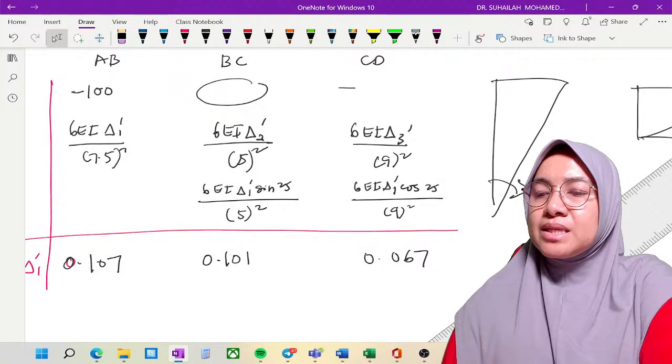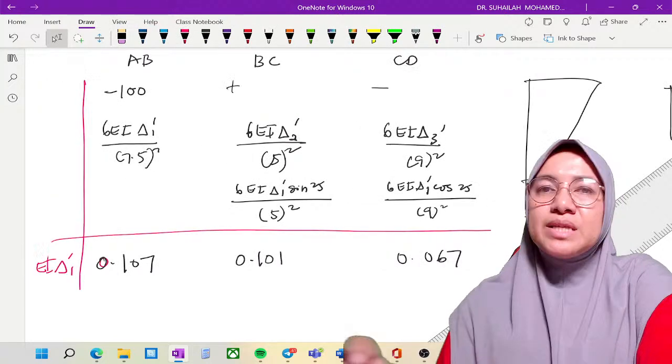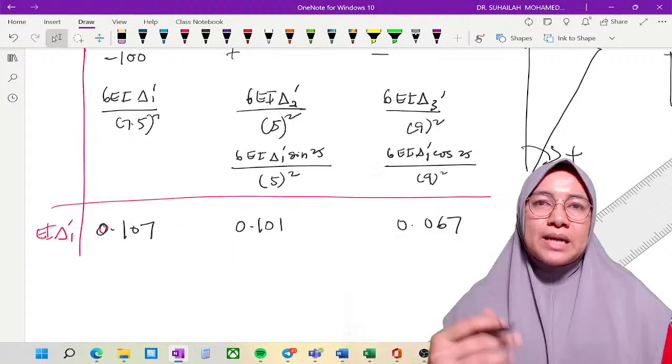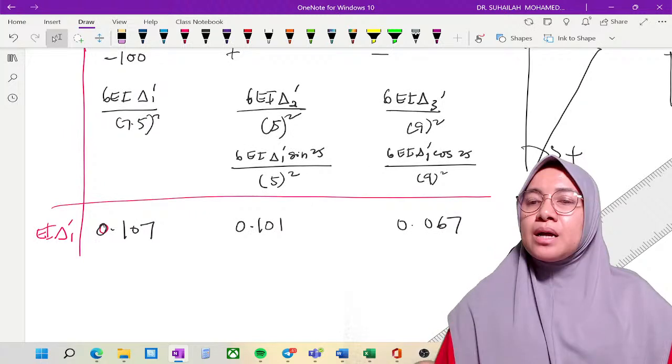So using interpolation, we can calculate the value. The simple step to calculate FEM is like this. 0.107 is equivalent to 100.